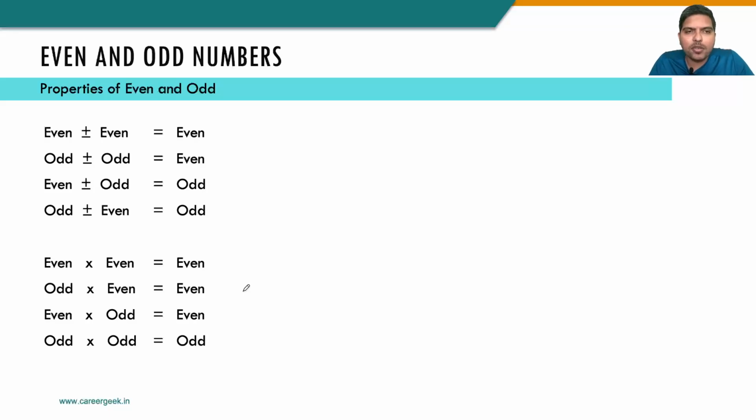Okay, the properties of even and odd, most of you would be knowing this already. Let's say we'll take some even number as 4 and an odd number as 3. Let us see even plus even. So 4 plus 4 is even. Similarly, 4 minus 4 gives 0, which is also even. Same happens for odd. Odd plus odd is even.